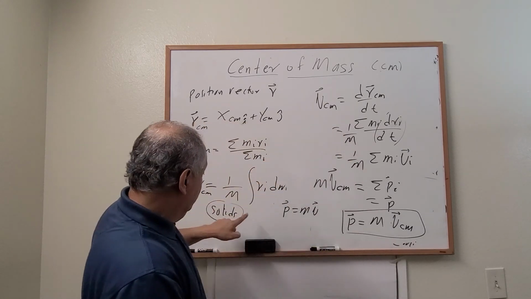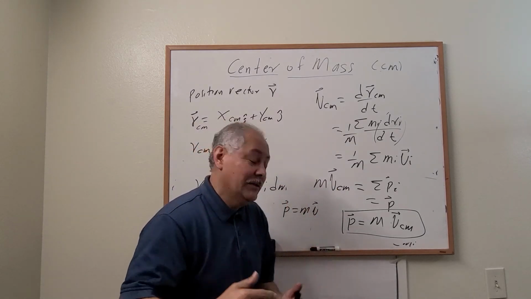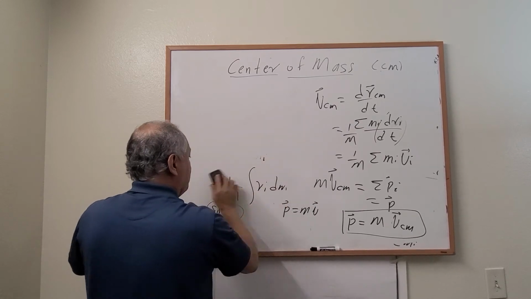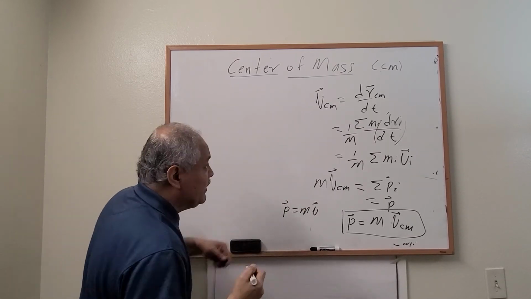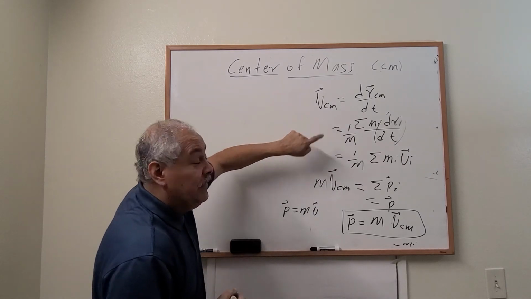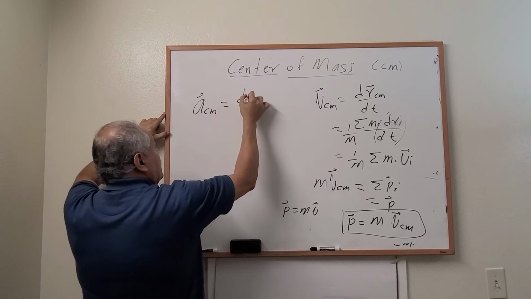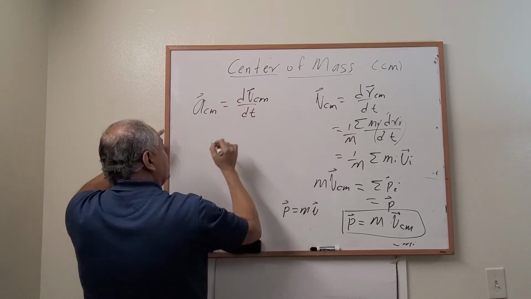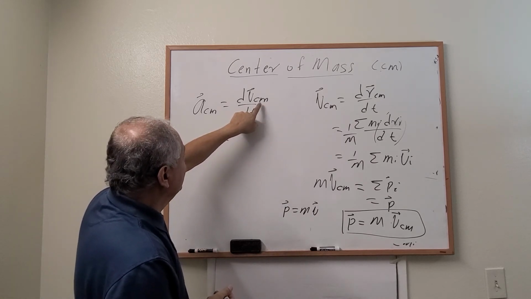Now what happens if we work with acceleration? We found first position, velocity, now let's go to acceleration. Let's see how it works. The same thing as for velocity: the acceleration of the center of mass is equal to the derivative of the velocity of the center of mass with respect to time. But how do we define this velocity?